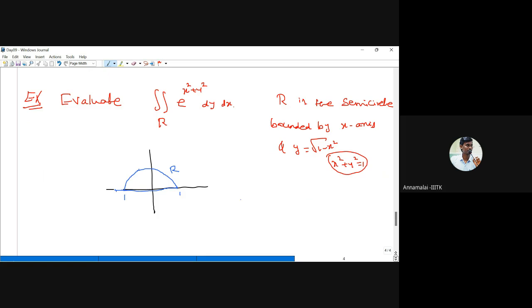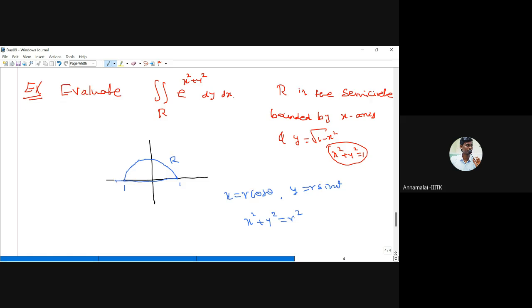Now you have to substitute x equal to r cos theta. What is the radius here? Actually, our radius is 1. So if you take x equal to r cos theta and y equal to r sin theta, then clearly x square plus y square is r square, because cos square theta plus sin square theta is 1. Now the integration becomes, we change everything.